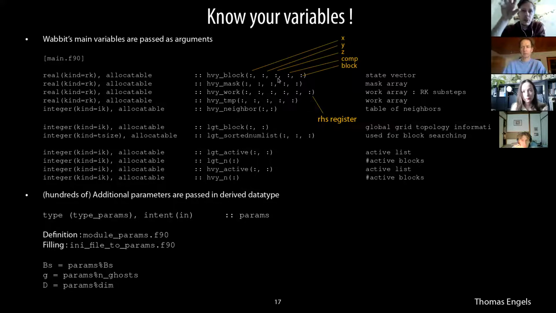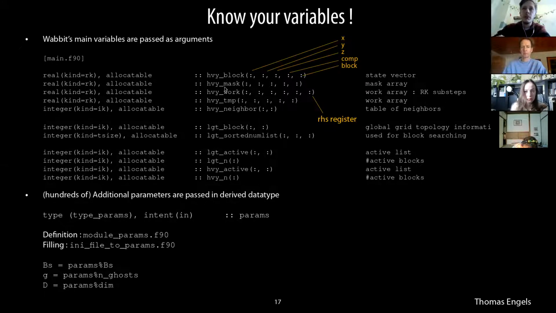So this is a central point that I'm trying to make. We tried our best to keep the code simple by making design choices that limit the flexibility of the code, but have the benefit of simplifying the code significantly. So our grid is one array, even though it is an adaptive grid. That's the message that I'm trying to pass. It's not a structure or something that you would use in C.